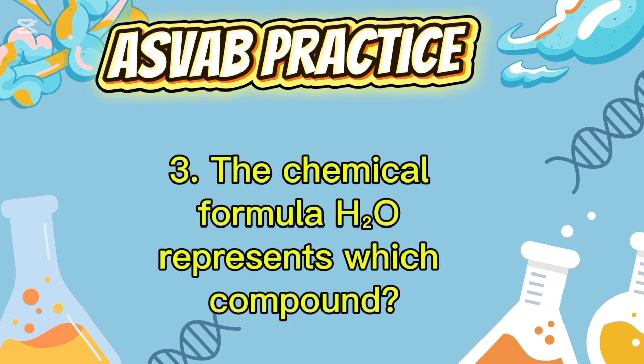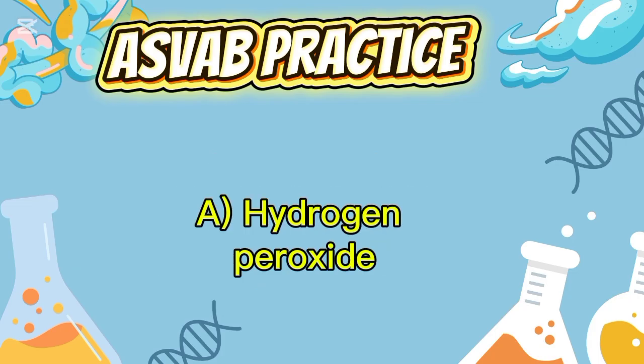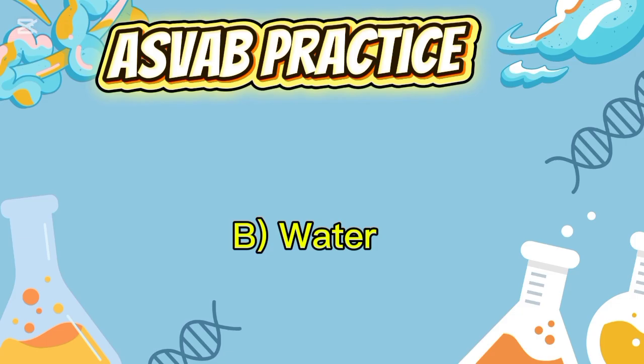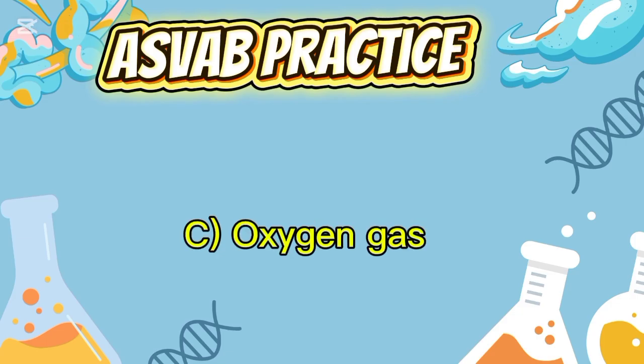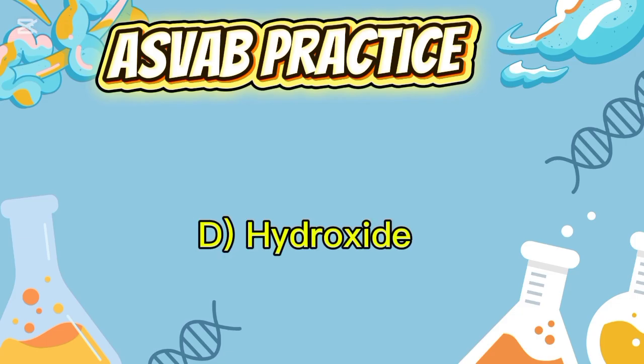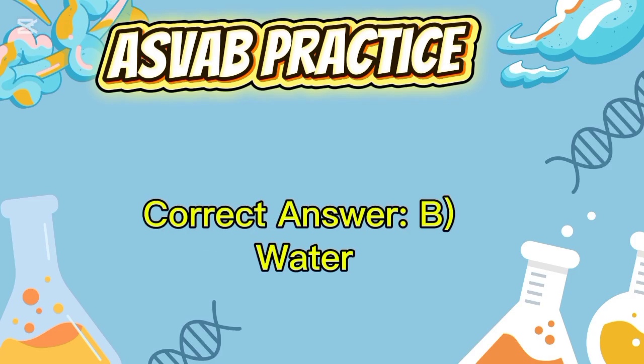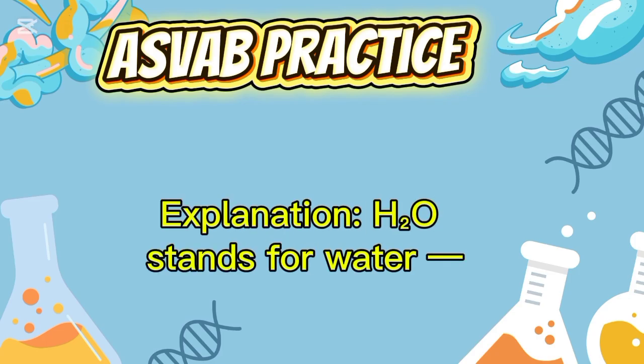3. The chemical formula H2O represents which compound? A. Hydrogen peroxide. B. Water. C. Oxygen gas. D. Hydroxide. Correct answer, B. Water. Explanation.